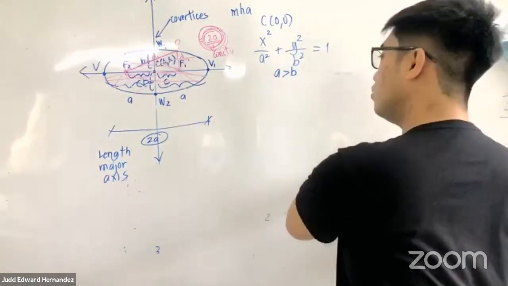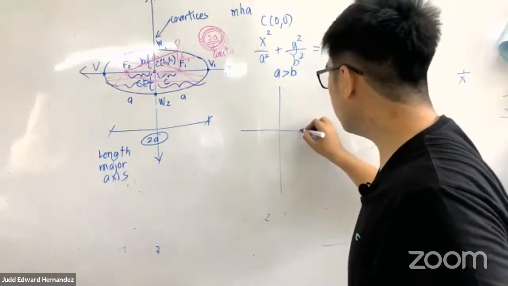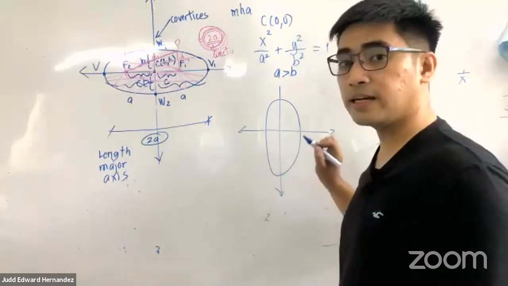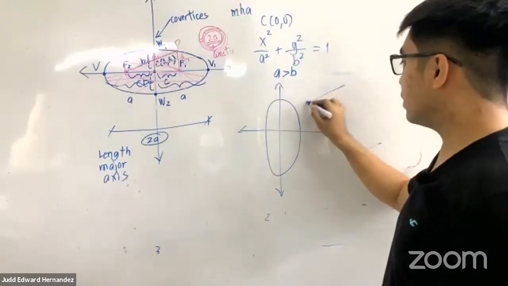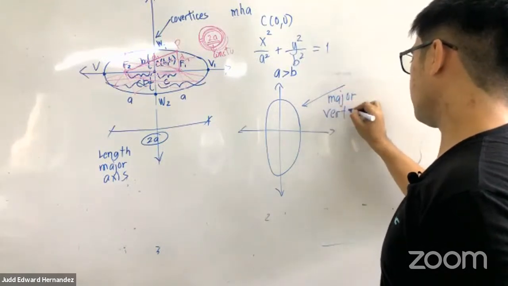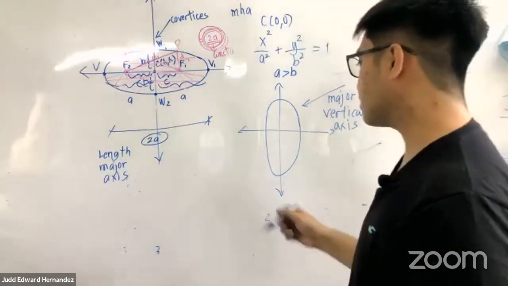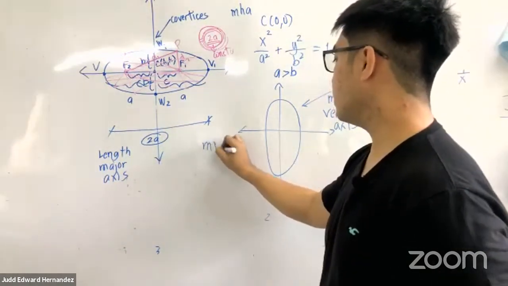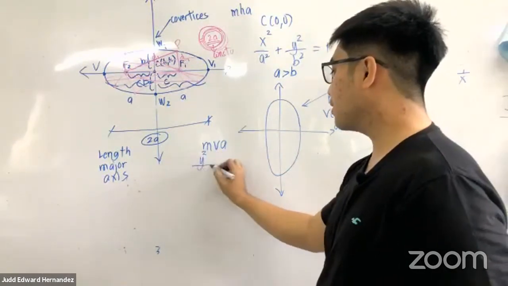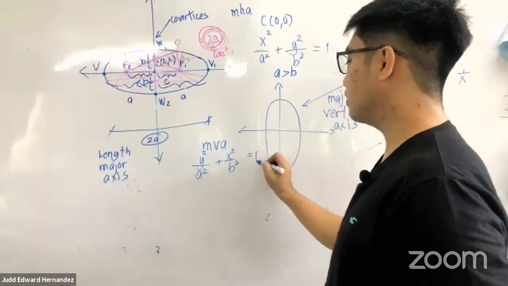Eh sir, paano naman po kunwari naging ganito na yung itsura ng ellipse namin? Paano kung ganito na po yung itsura niya? Okay, if this is the case, nakikita pa ba? If this is the case, we call this as major vertical axis. Okay, so kung major vertical axis tayo, MVA, so this is theorem 2, sa MVA, we'll now be having y squared over a squared plus x squared over b squared is equal to 1.